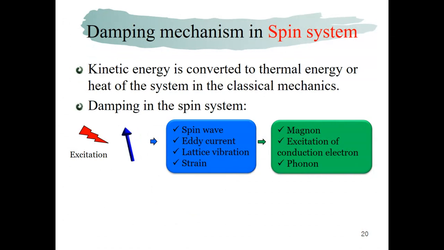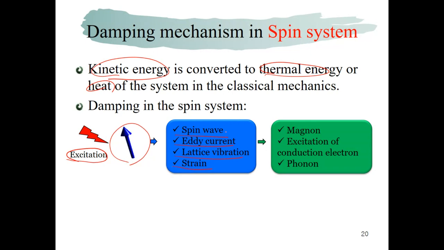In a spin system, the damping mechanism is a kind of friction force. So the kinetic energy is converted to the thermal energy or heat of the environment. Damping in the spin system plays a very similar role. If you have precessing spins with excitation by an external disturbance, they generate spin waves, eddy current, lattice vibration, or strain.